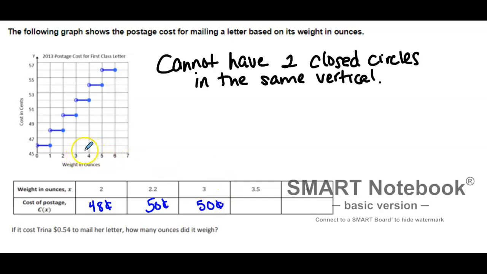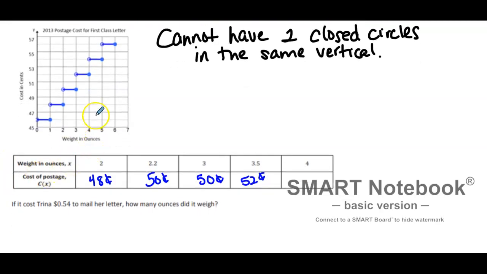For 3.5 ounces, we follow up to find where 3.5 lands, and that's at 52 cents. And lastly, at 4 ounces, that cost would be 52 cents.